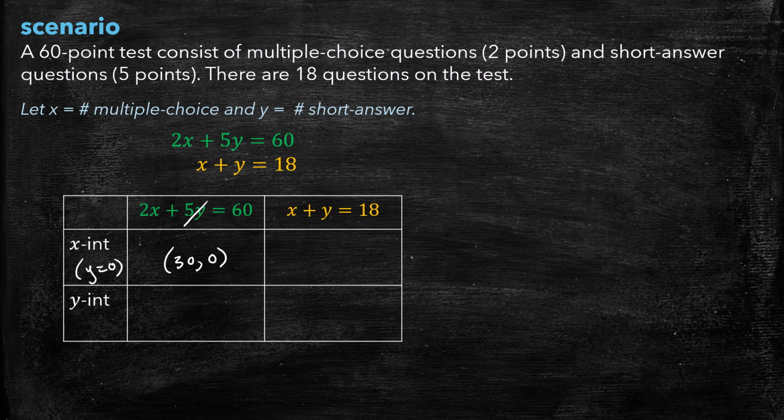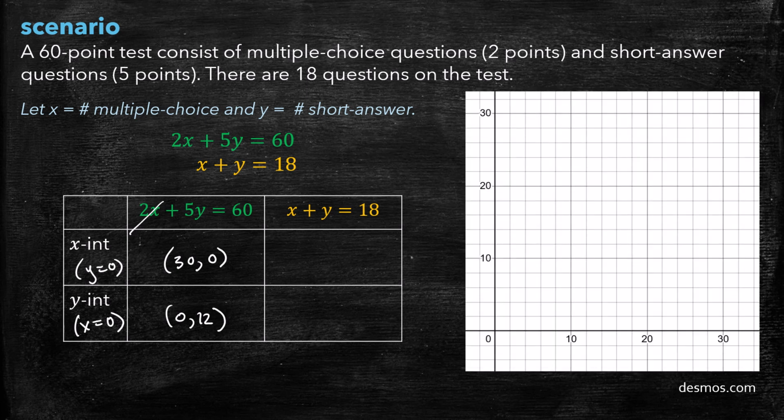That situation would mean we had 30 multiple choice questions, each worth 2 points, and no short answer. While that's not a feasible solution, since we know this test has both, it's useful for being able to graph. And for the Y-intercept, we'd make X equals 0, which takes this term out, and 60 divided by 5 is 12: 0, comma 12. Again, that would be 12 short answers and no multiple choice.